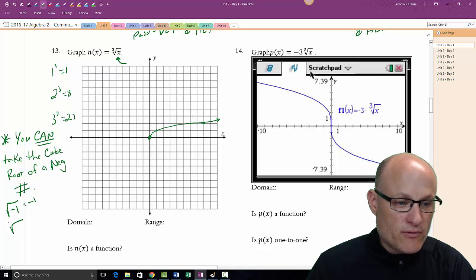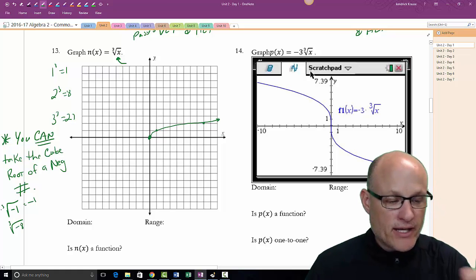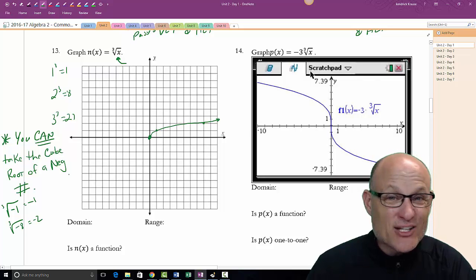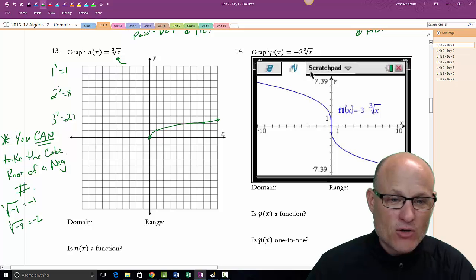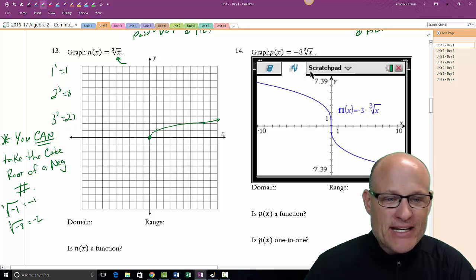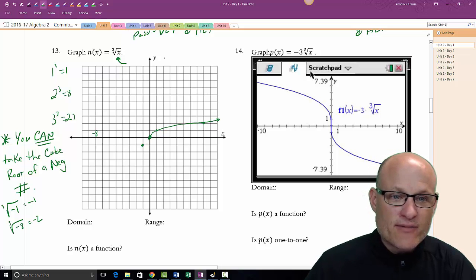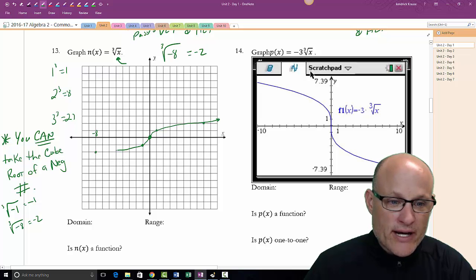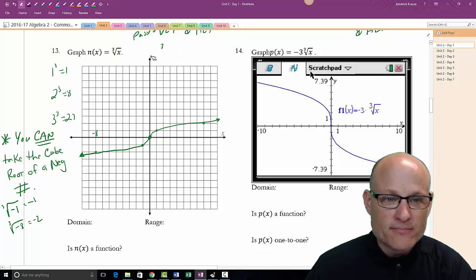What's the cube root of negative 8? Negative 2 times negative 2 times negative 2 is negative 8. Oh, that's negative 2. So I can take the cube root of negatives. Okay, so if I plug in negative 1 for x, the cube root of negative 1 is negative 1. Now the next one's going to be 8 again. So the cube root of negative 8, I would find out that that's equal to negative 2. So here is your next toolkit function right here.